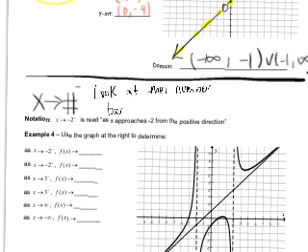So that means you look at the number, but barely. If you're going less, are you going to look to the left or to the right? To the left. So you're going to look at the number barely to the left. I'm not saying a full number, but just look at that number and then look barely to the left of it.